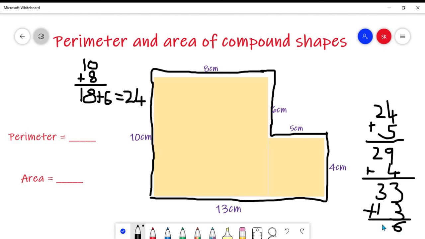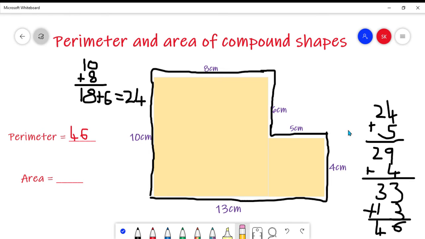6 and 4, 46. So let's write that down here, 46. So again, let me double check, 10, 18, then add 6 to 18 will give us 24.